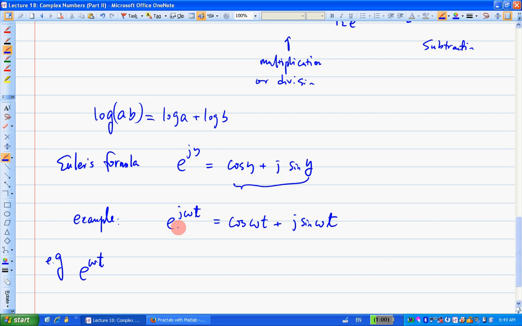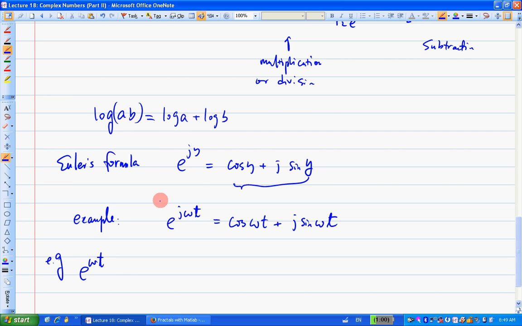Now, this is e to the power of j omega t. Technically, it is also e to the power of something, but the question is, is this also going to be growing exponentially like this side here? Well, the answer is actually no, because this doesn't look like it's growing exponentially, right? So what does this mean?